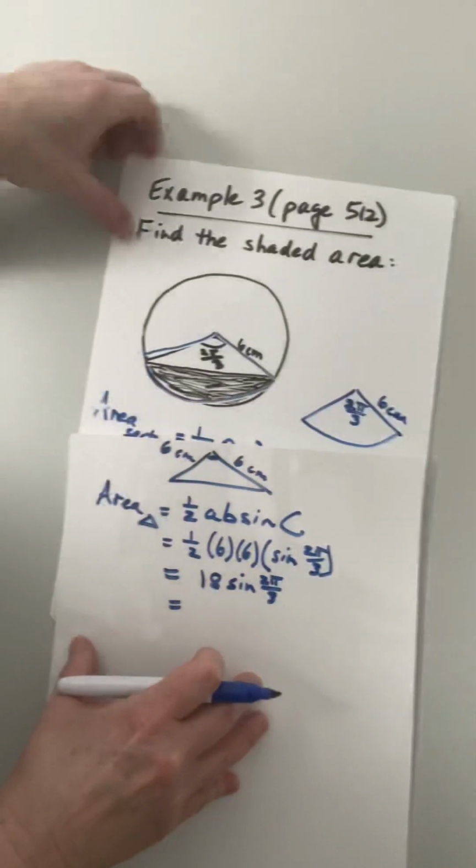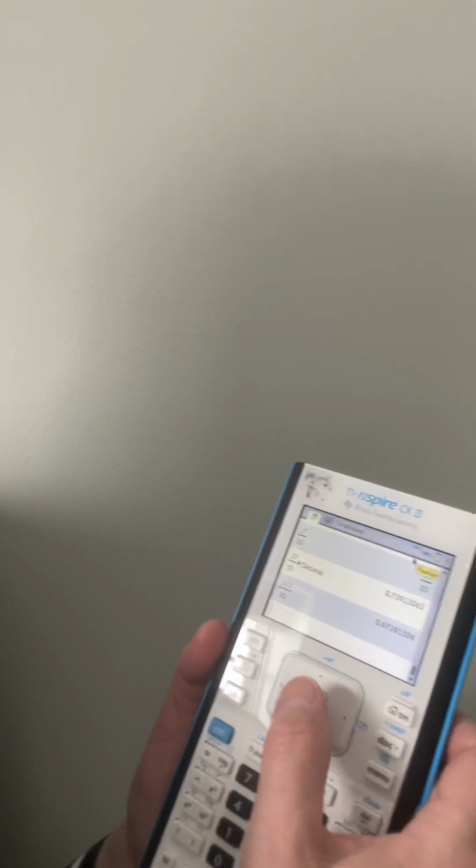All right, let's take a look. We've got our TI Nspire here. We need to change from degrees to radians. I'll go up here and click. That will change it on the CX2.